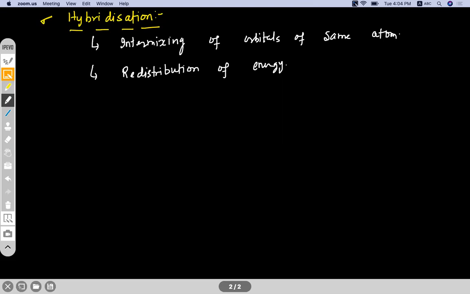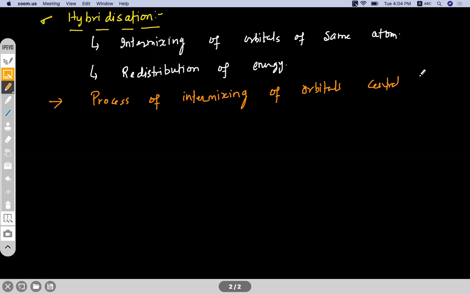So write down: hybridization is the process of intermixing of orbitals of the central atom.